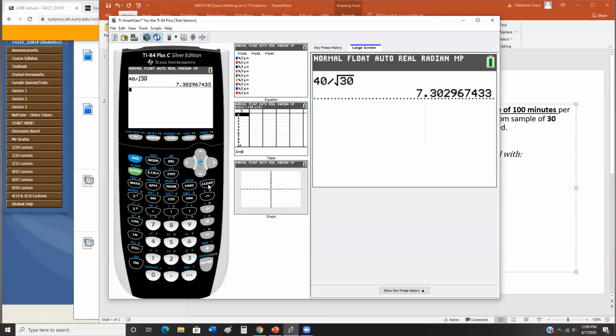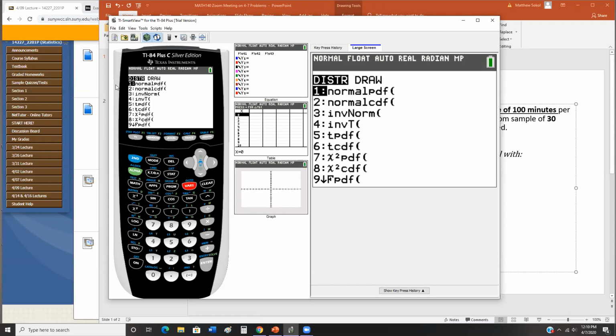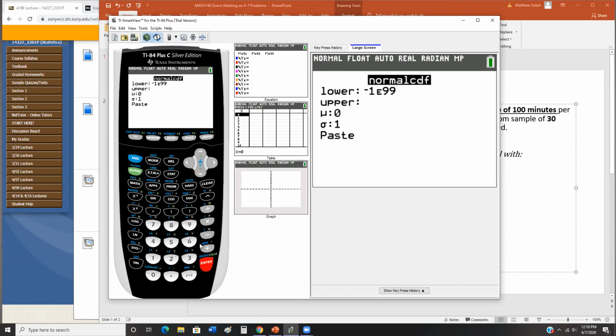So going back to my calculator, going ahead. Someone said something. They have a question? No, okay. You go back to your calculator, you're gonna hit second function distribution right here. You want normal CDF. The lower was 90.